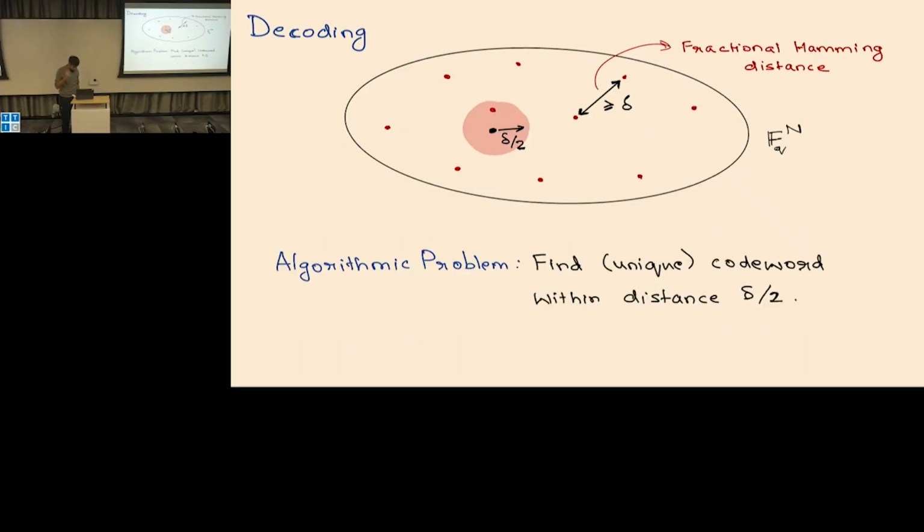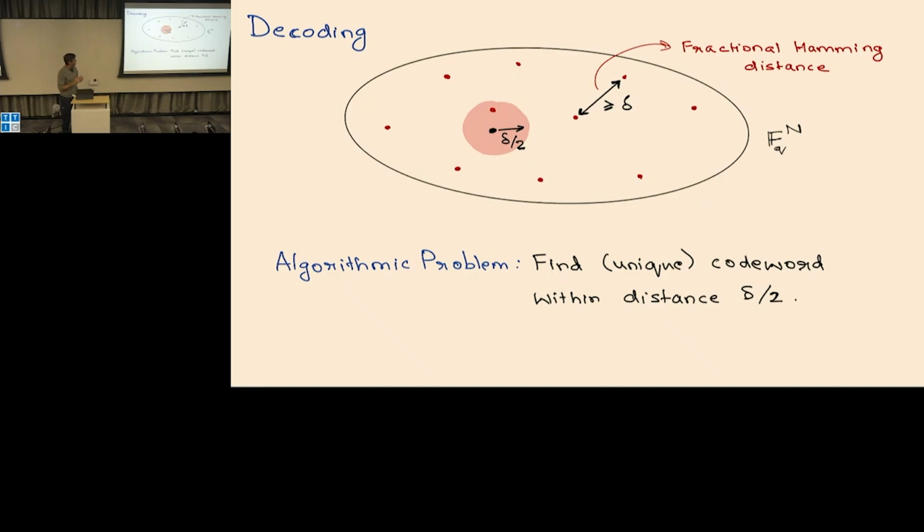Okay, and this is the decoding problem that we talked about, of unique decoding, if we have less than delta over 2 fraction of errors. Yeah. Why is our alphabet a field? Sorry? Why is our alphabet a field and not just a random set? It doesn't always have to be, but I'll work with codes which have some linear operations in them, so it will be useful to have a field.